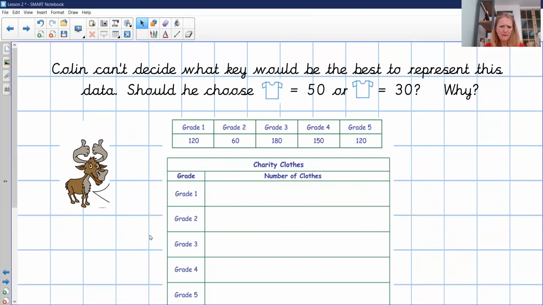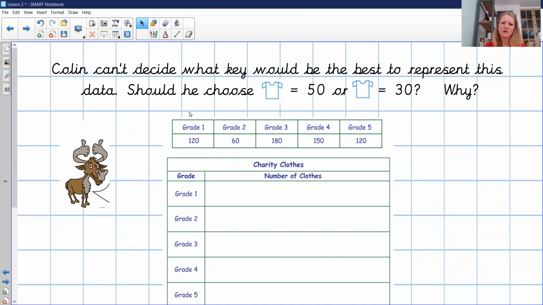Oh, I think Colin might have gone over to America if he's talking about grade 1, grade 2, and so on. So he's got the information in the table here. So in grade 1, 120 items of clothing were donated. In grade 2, 60, grade 3, 180, grade 4, 150, and grade 5, 120.